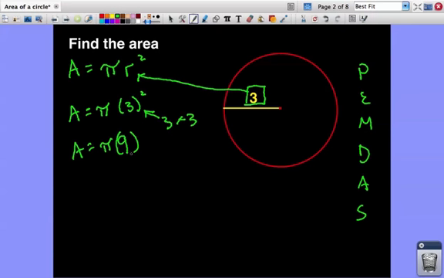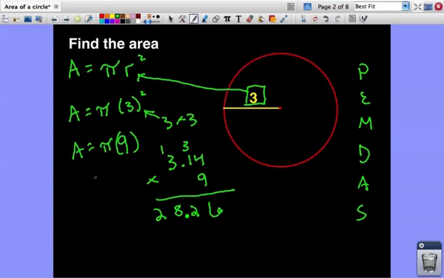Now I can use 3.14 for pi and just multiply, and I'm going to find my area. So I need to do 3.14 times 9. If we do it real quick, 36, 9, 12, 27, 28. One, two numbers after the decimal, there we go.